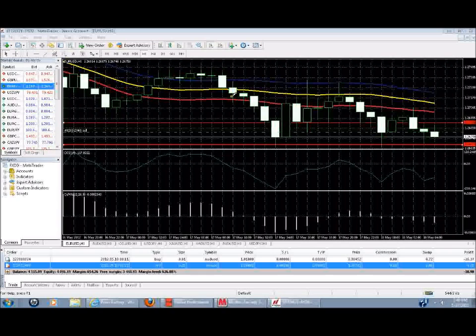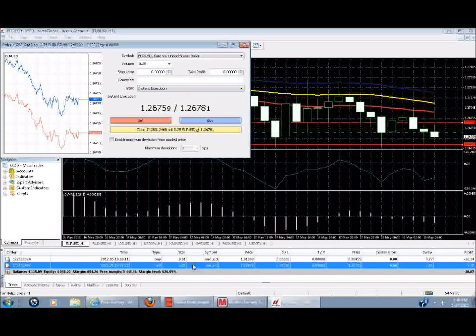So now let's say if we wanted to close this position, let's take some profit. I don't want to take all the profit, but I want to take some profit. We change the volume or the lot size, because we don't want to take it all.